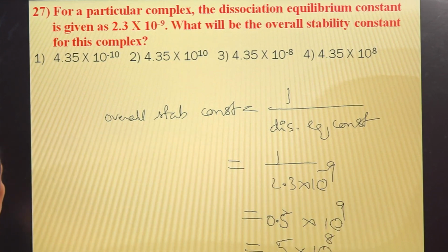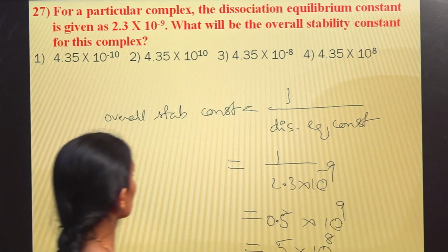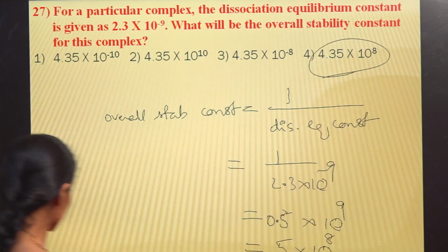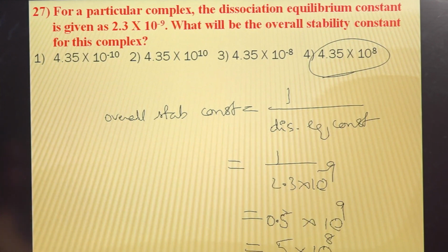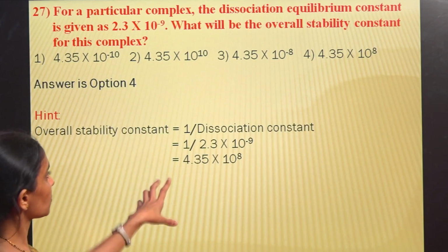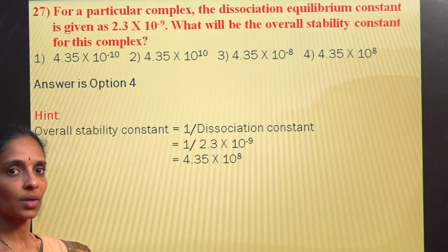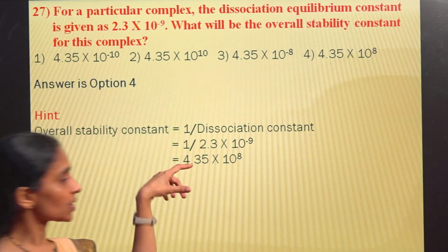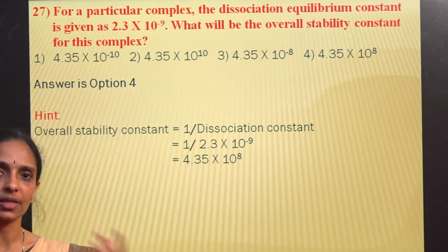All right, so the answer that is close to this is option number 4. Option number 4 is the answer. Because you do not have calculators, you can approximate the values to the nearest integers and do the calculation.